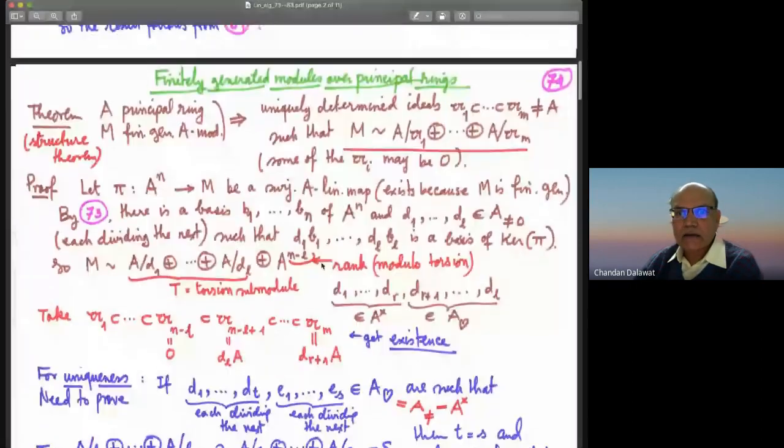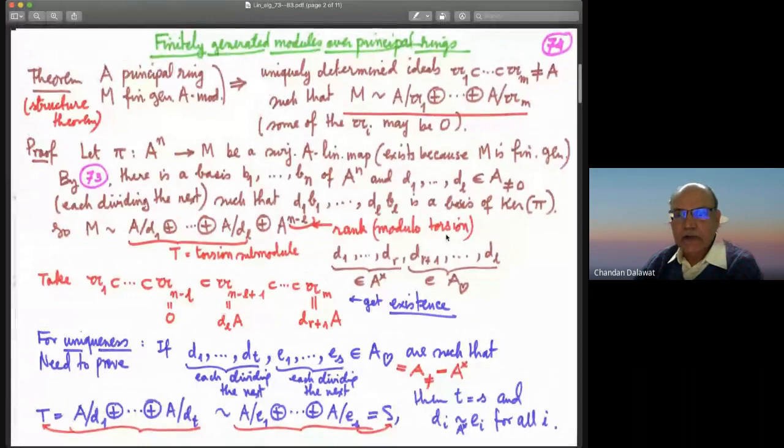And here is the structure theorem for finitely generated modules over principal rings. So I'm given a principal ring A and a module M, which is finitely generated over A. What this structure theorem says is that this module M uniquely determines a sequence of ideals, A1 contained in A2, and so on, all the way up to Am.